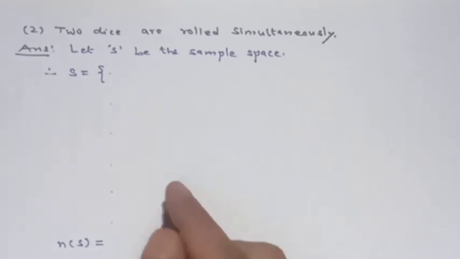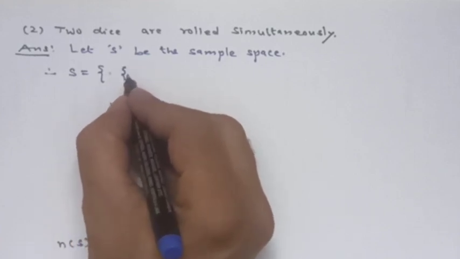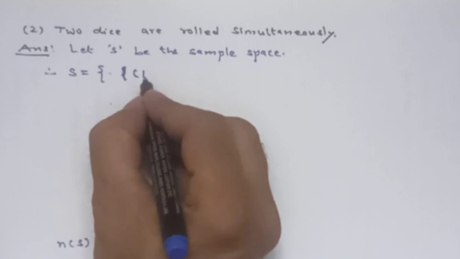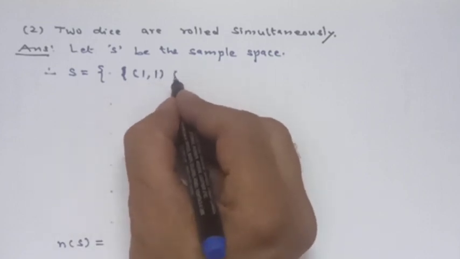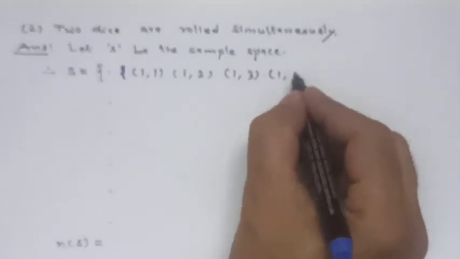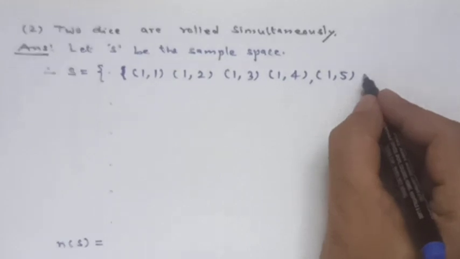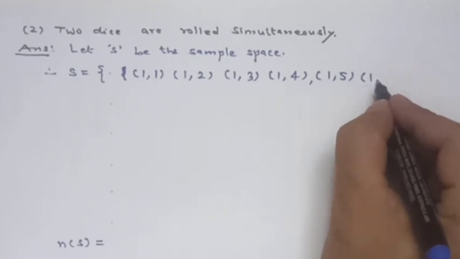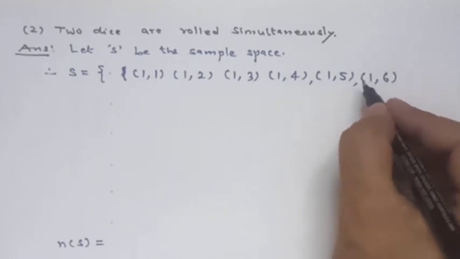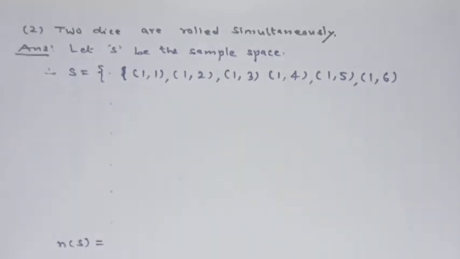You fix 1 and go to 6. So write (1,1), (1,2), (1,3), (1,4), (1,5) and (1,6). So all the different possibilities when your first die has 1 on the upper face.